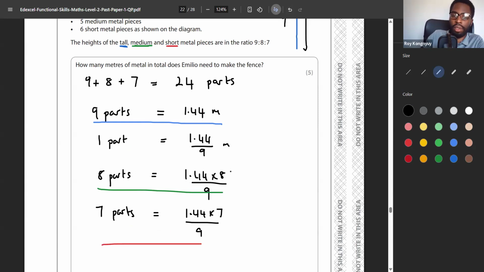Okay, let's actually find what these are. Let me do that. This one is 1.28 meters. And this one, 1.12 meters.